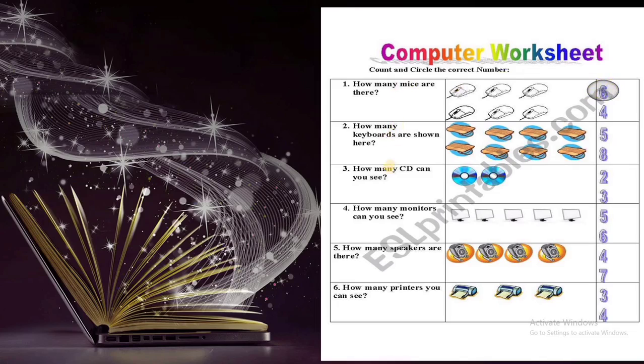Now come to the second. How many keyboards are shown here? So this is the picture of a keyboard, right? It looks like a keyboard. You can see we have so many keys, and the total is 104 keys.